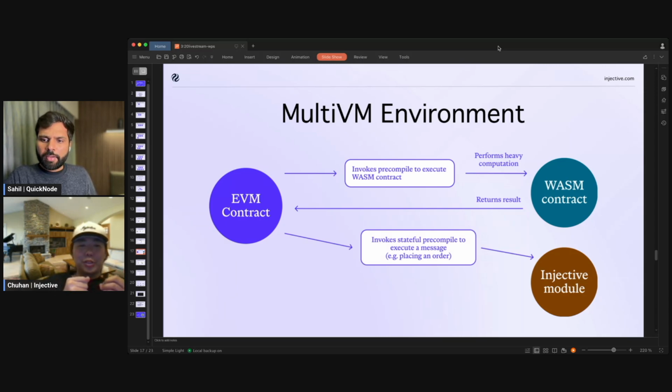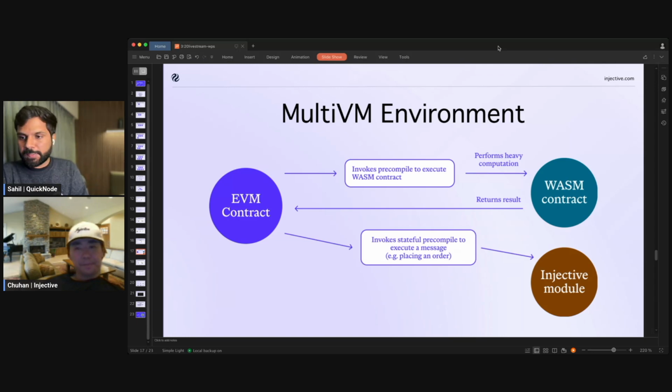When the virtual machine reads through those opcodes line by line, and encounters a very special one, it will know immediately: this smart contract wants to communicate with another module. So it will send a message to the other module, and the other module will give some feedback or change the state. So your EVM project can actually invoke the other Injective modules by that.